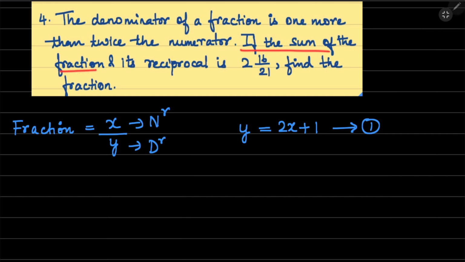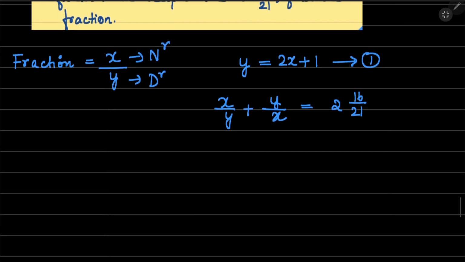If the sum of the fraction and its reciprocal. So the fraction is x by y. The sum of the fraction and its reciprocal, which is y by x, is nothing but 2 16 by 21. You have to convert it. This is a mixed fraction, so you have to convert it into an improper fraction. How would you do it? 2 into 21 plus 16 by 21.